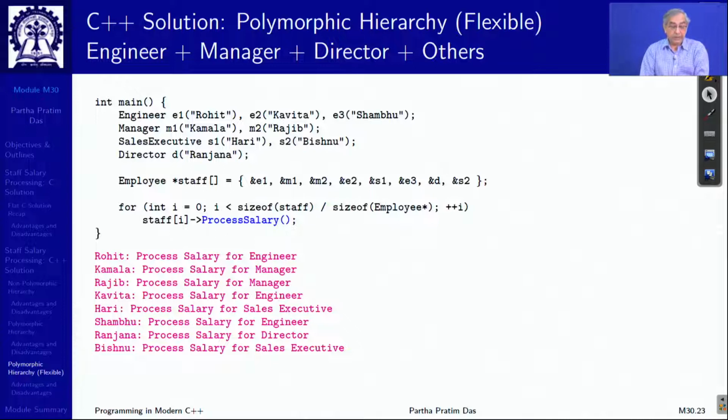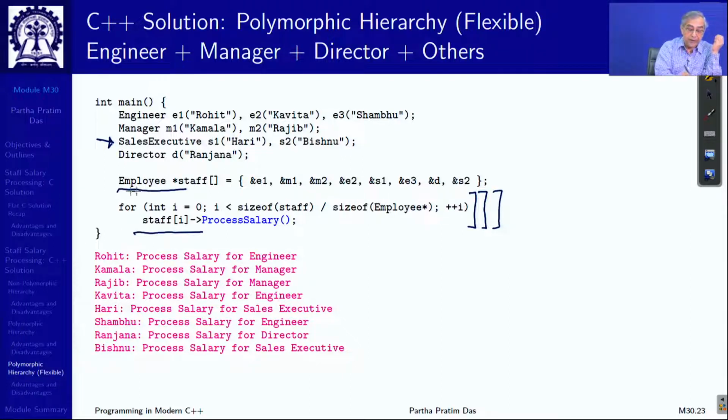The processing code now has seamlessly been able to add a sales executive, and note, very importantly, this code does not need to change, no change in that code. Your hierarchy has extended, and you are making this call from the abstract base class pointer employee, which will get dispatched to either an engineer or a manager or a sales executive or a director, as the case would be, and you do not need any changes there. Right. Beautiful, is not it?